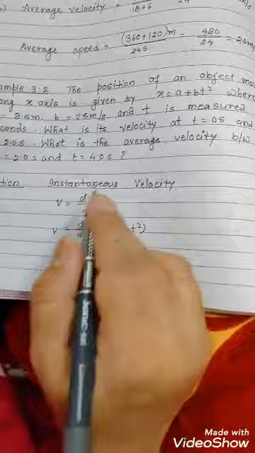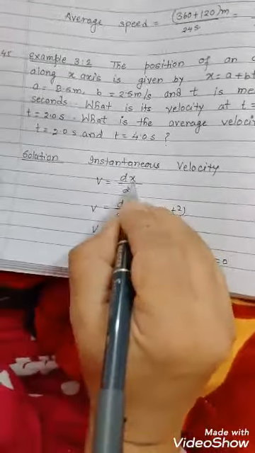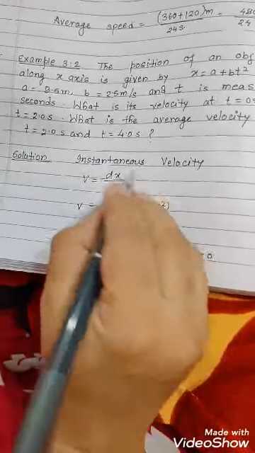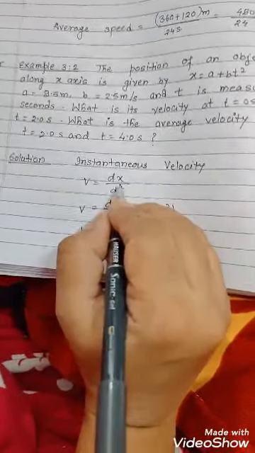We know that the formula for the instantaneous velocity is v equal to dx upon dt, where x is the position, that means dx is the change in position. x is given here by the formula a plus bt square. So we can write this expression a plus bt square in place of x.